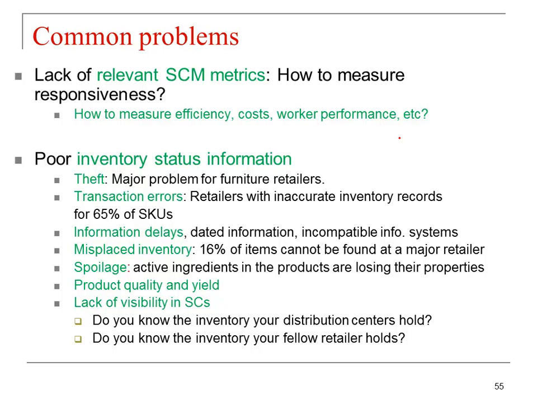For instance, if you have poor inventory status information, then you will not have an idea of what is available in your company, in your suppliers, and so on. There are several things that can affect your inventory: theft, transaction errors, information delays, misplaced inventory, meaning that you're moving some of your inventory to the incorrect location, product quality, lack of visibility of your supply chain, and so on.